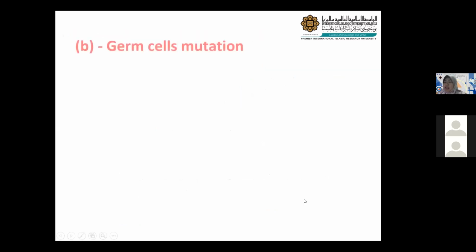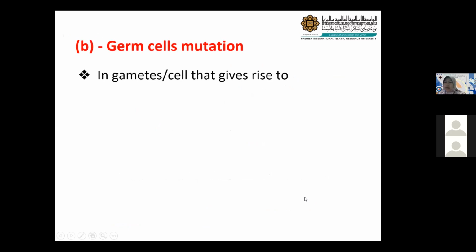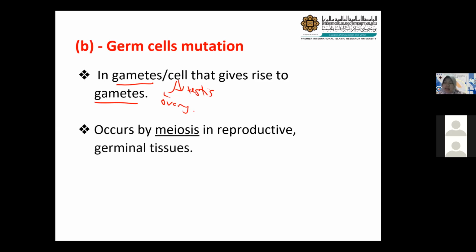Second, germ cell mutation. Germ cell mutation is mutation that happens in the gamete or in the cells that give rise to gamete, which we can refer to as cells of the testis or cells of the ovary. It occurs by meiosis in reproductive tissue, or the germinal tissue, and it can change the genome of the gamete.